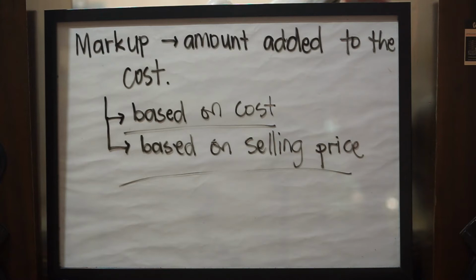What's the difference between the two? Actually, there's not much difference between computing markup based on cost and computing markup based on selling price. The only difference is that markup based on cost is usually used by manufacturers or entrepreneurs that produce their own goods.